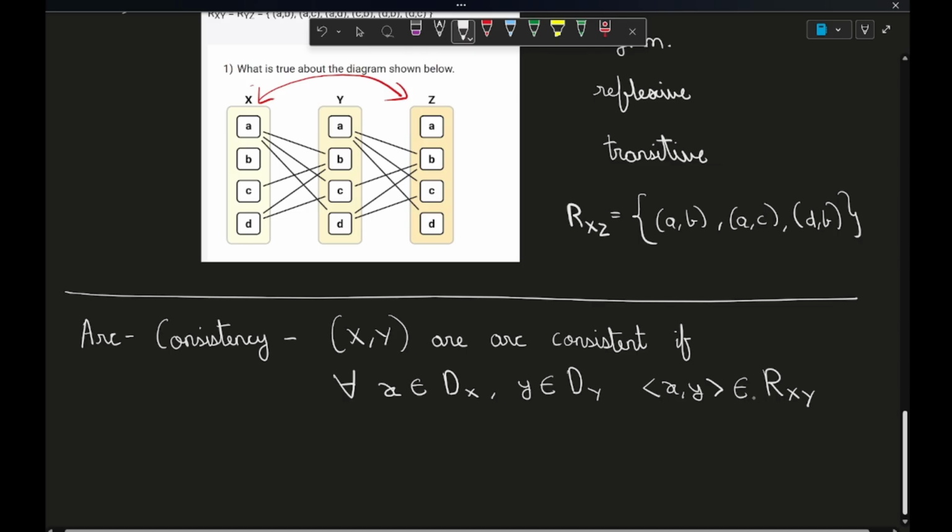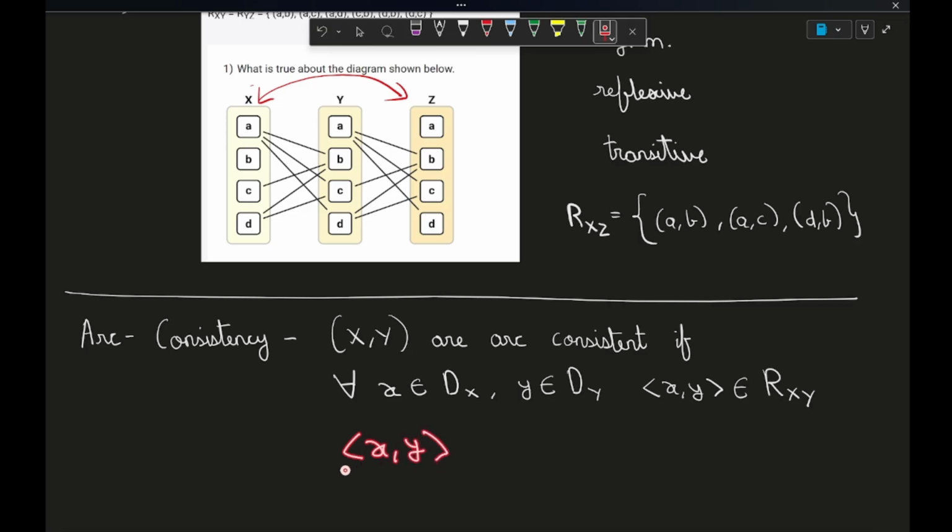Is that correct? What I'm saying is that for every value in the domain of x and for every value in the domain of y, if we take any such pair x comma y, these satisfy the constraint represented by the relation x comma y. Is that what arc consistency means?